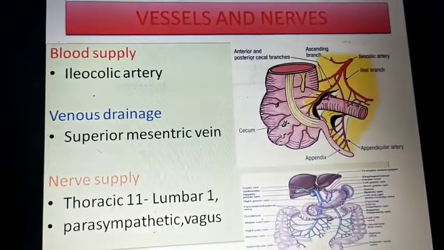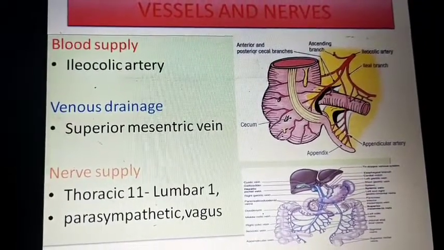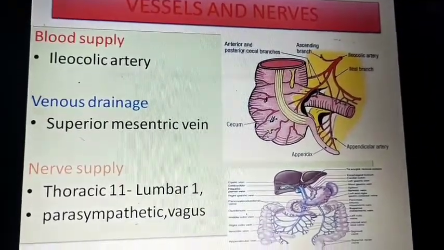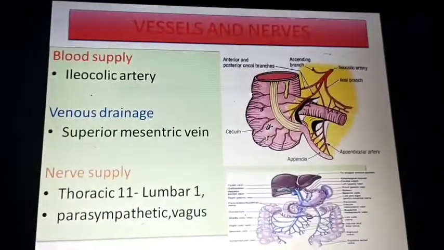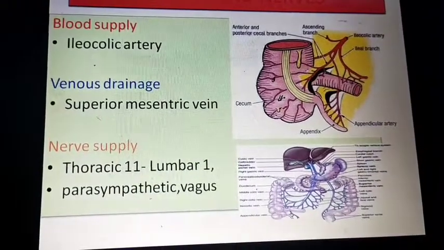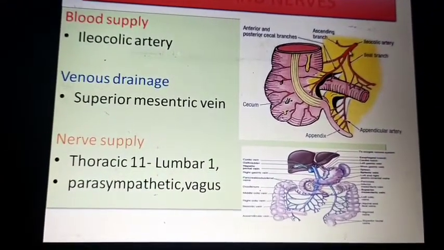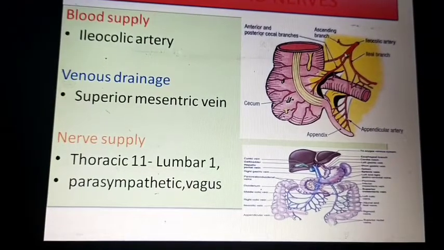Now we can go for the blood supply. It is mainly supplied by the ileocecal artery or ileocolic artery, a branch of the superior mesenteric artery. You can see here the ileocolic artery branches.